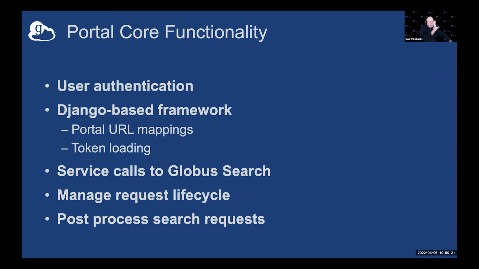So the framework is there. There's a service, the service calls out to Globus Search, and then there are some internal flows built into the app that manage the request response lifecycle. That's all stuff that almost every framework gives you, but it's there. And in this case, it's done in the context of the various Globus platform services.